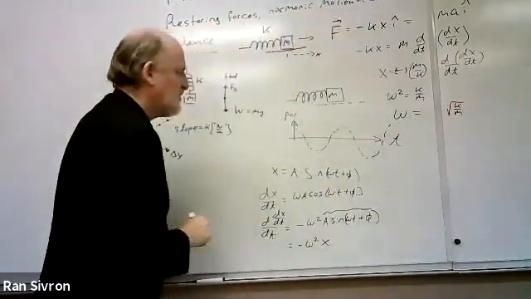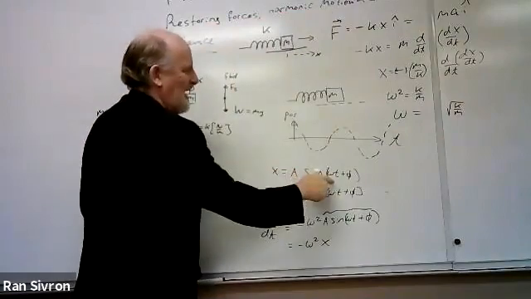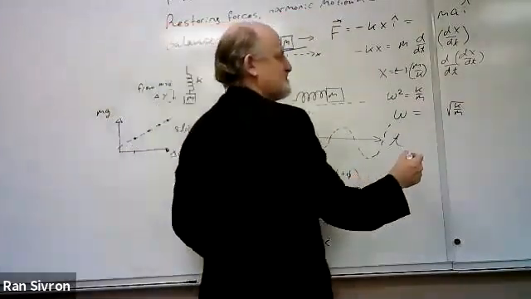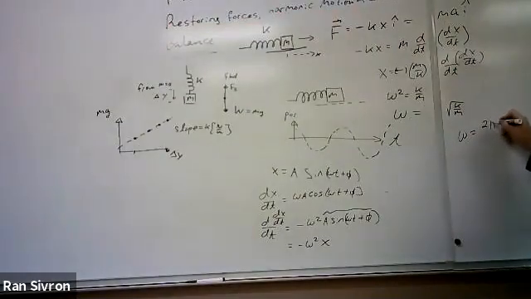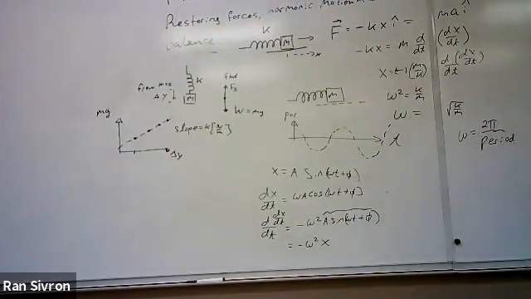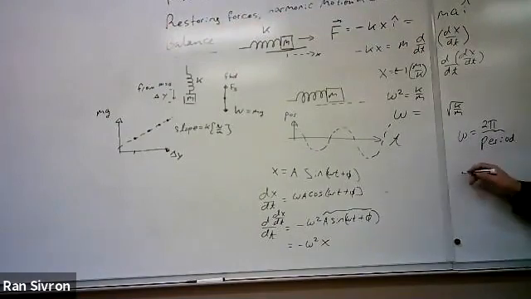But W right here is equal to 2 pi divided by the period. You've done that in physics 1, physics 2.